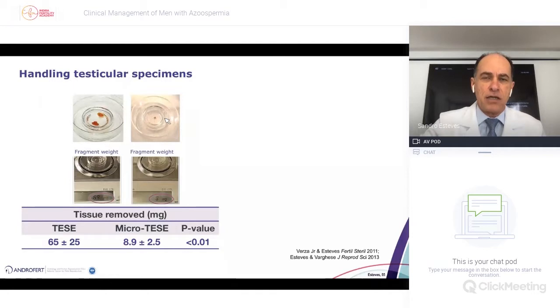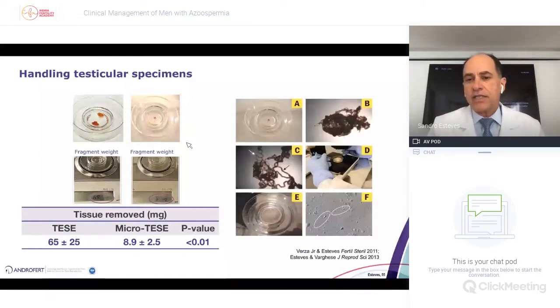So it's important to use a procedure which spares the testicular parenchyma as much as possible, to reduce the risk of hypogonadism due to loss of testicular parenchyma.